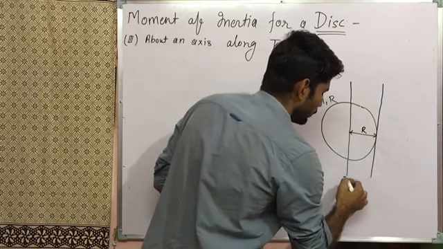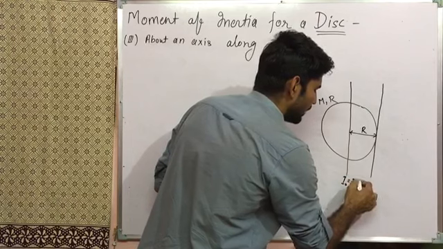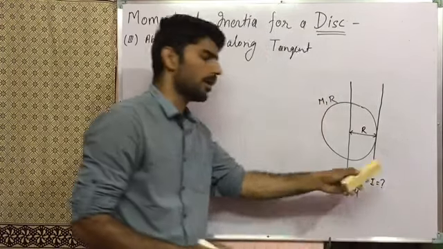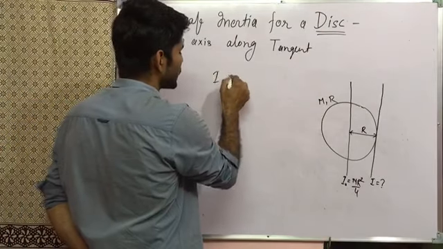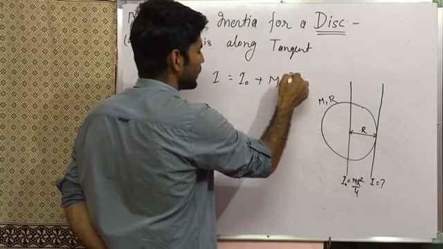Here we know the moment of inertia about this axis, I naught, equals MR square by 4, and we need to determine the moment of inertia about this axis. According to the parallel axis theorem, I equals I naught plus MR square.